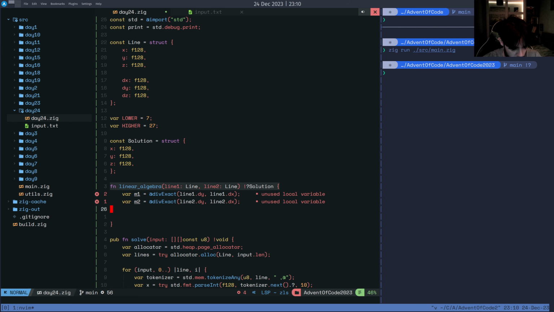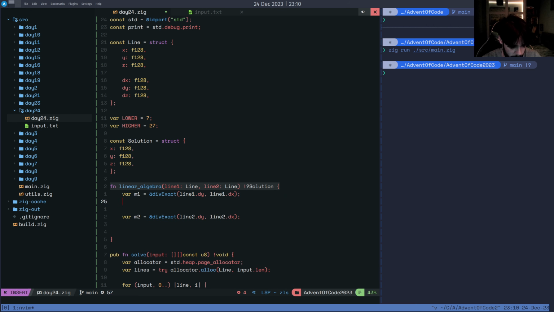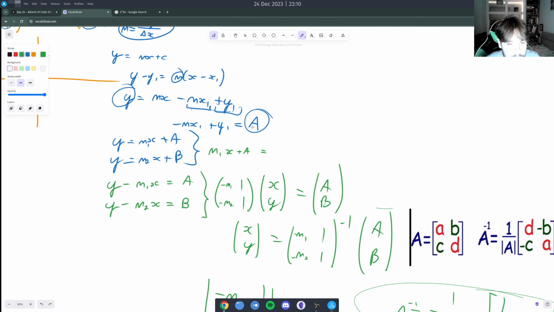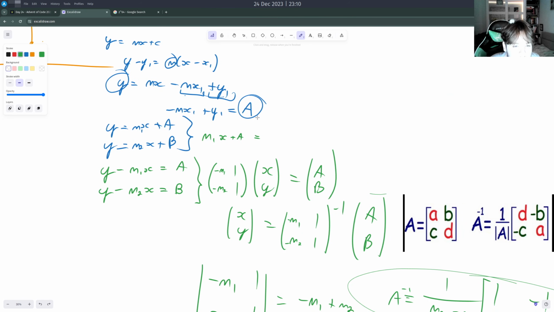I'm going to do var A there is y1, which is a point, one of its starting points, minus the gradient times x1.